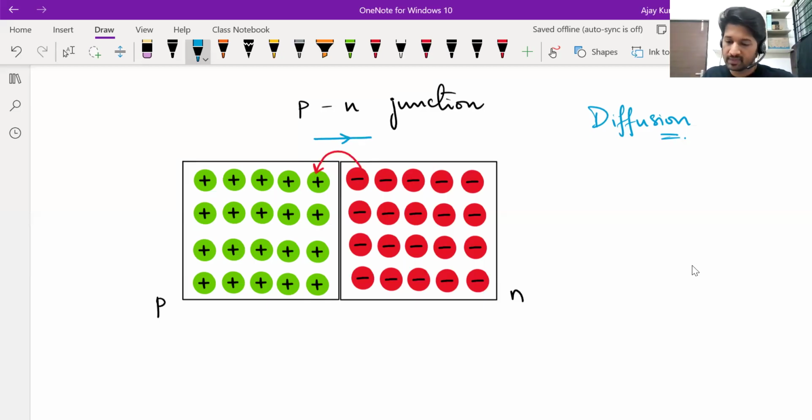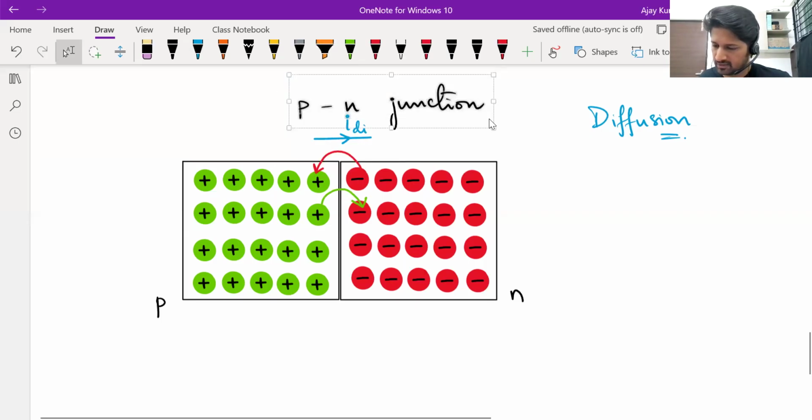Holes go from p side to n side. Holes are positive charge carriers. When positive charge moves to the right, it's like current flowing to the right. So whether it is electron diffusion or hole diffusion, both of them result in a current from p side to n side. That is called the diffusion current.